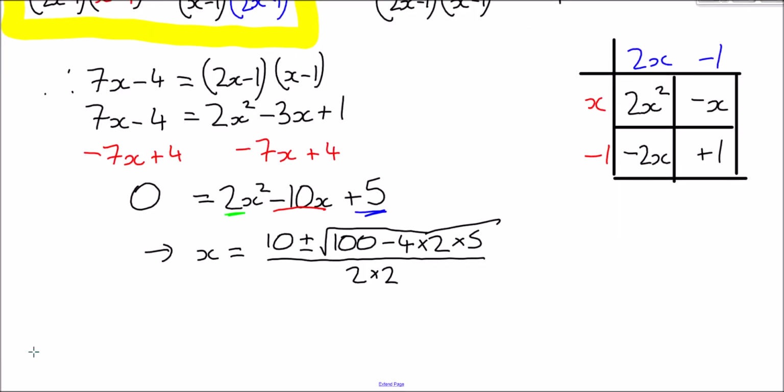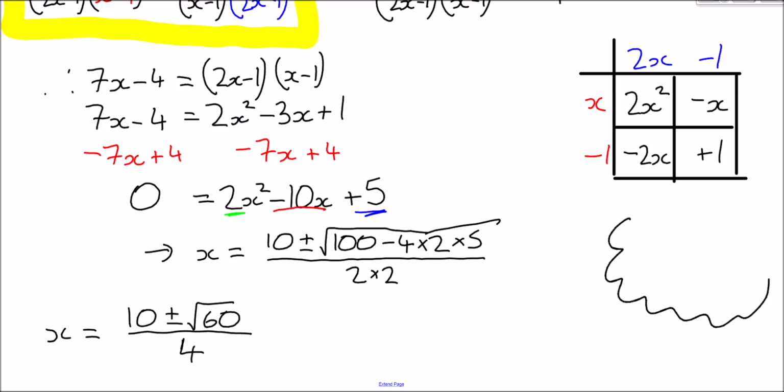So if we just simplify this a bit further, x equals 10 plus or minus the square root of... Now 4 times 2 is 8, times 5 is 40. 100 take away 40 is 60. And all of that's over 4. We need our answer to be as simple as possible, so we can actually simplify root 60.